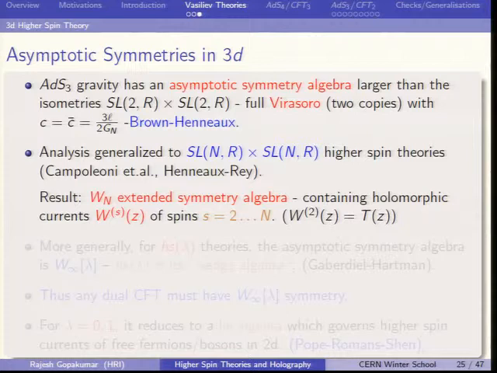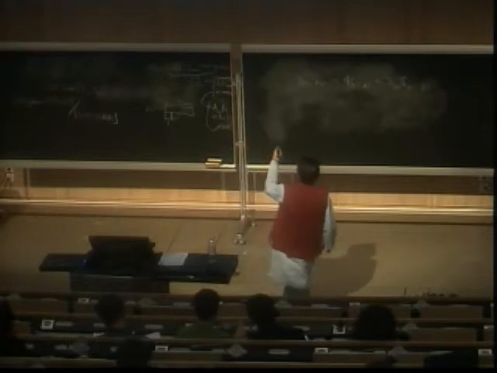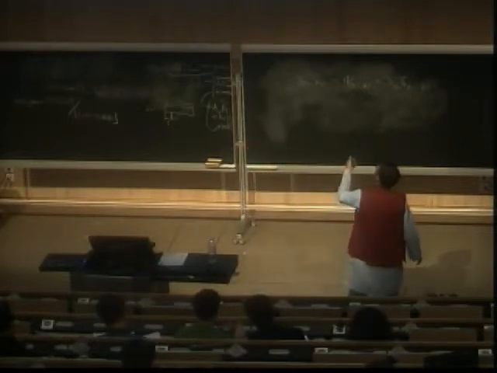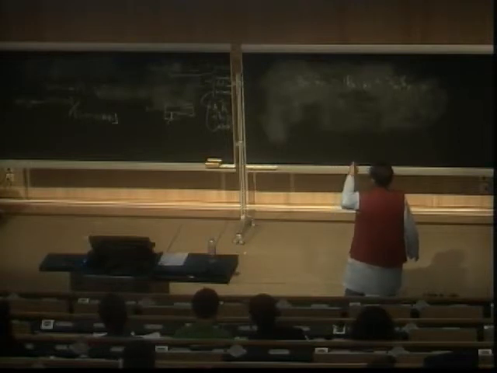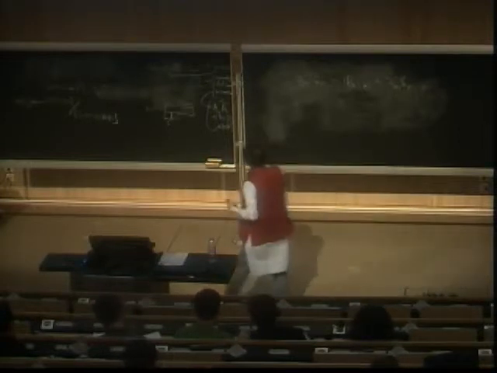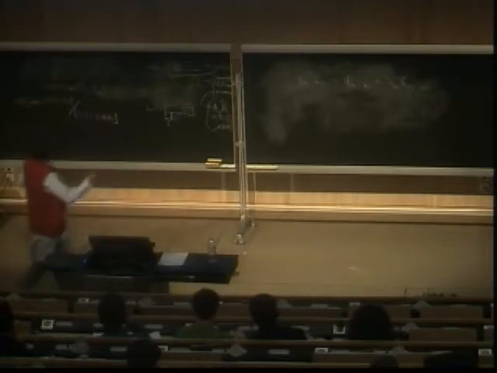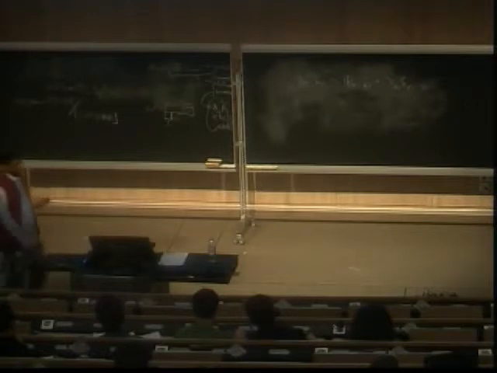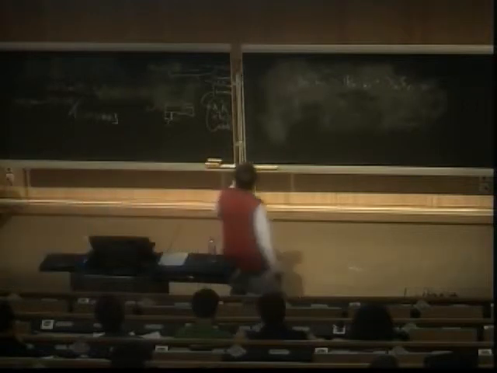So what they realized is that the asymptotic symmetry group in this, let's take this case for concreteness, is actually a larger symmetry algebra, the so-called WN symmetry algebra of two-dimensional conformal field theories, and I'll say a little bit more about this later.